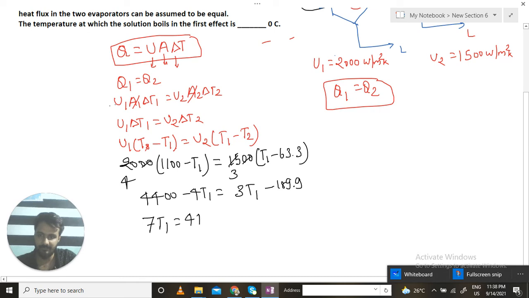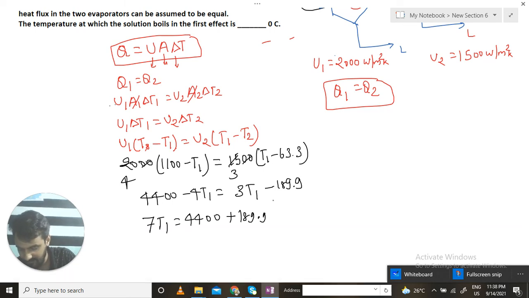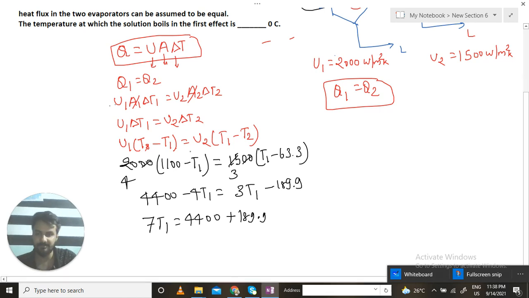So from here you can write 7T1 is equal to 4400 plus 189.9. So you can calculate 4400 plus 189.9, that is equal to 4589.9.